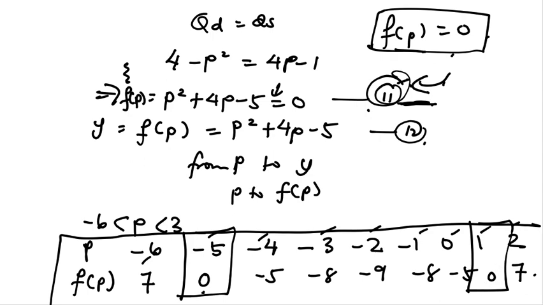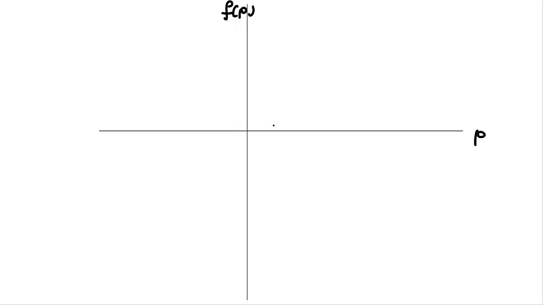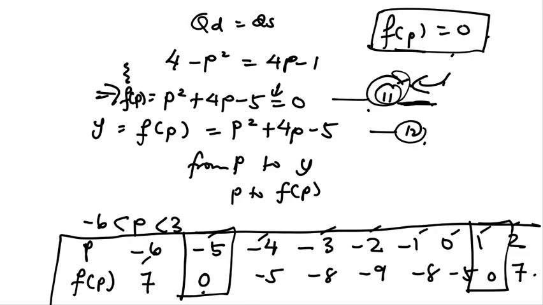So if we put it in the form of a graph, roughly speaking, minus 5 is here. And if you look here, the minimum point for FP is what? Minus 9 is the minimum point, FP is minus 9 when P is equal to minus 2.